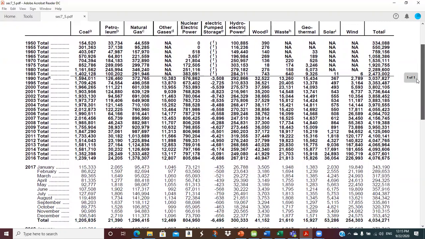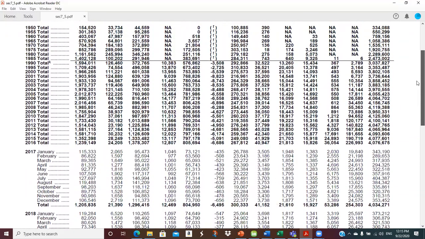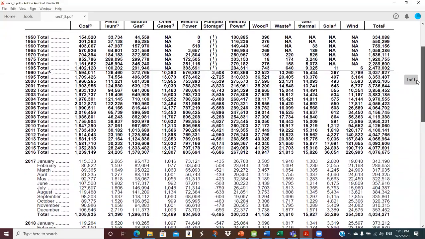There we go. We can see they've got 18, but if I put 18 on there, you can't see the headings, so we'll pull down here in a minute when you get used to it. You can see coal peaked in '07 at 2,016,000, and what are the units on this?